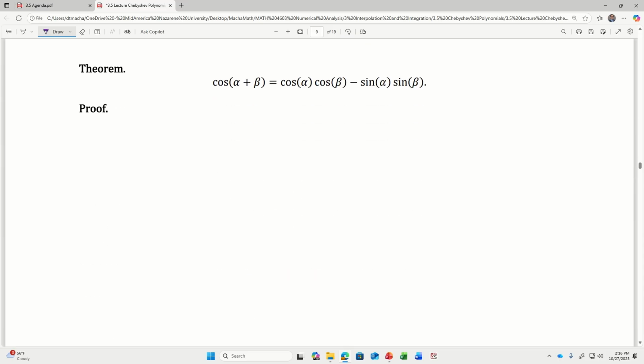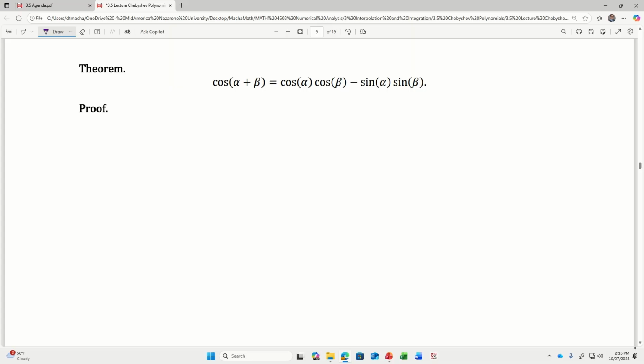Okay, so what if I have this? It's a standard trigonometry theorem. It's the angle sum formula for cosine. Maybe you've seen this proof before, maybe you haven't. But the proof goes like this.